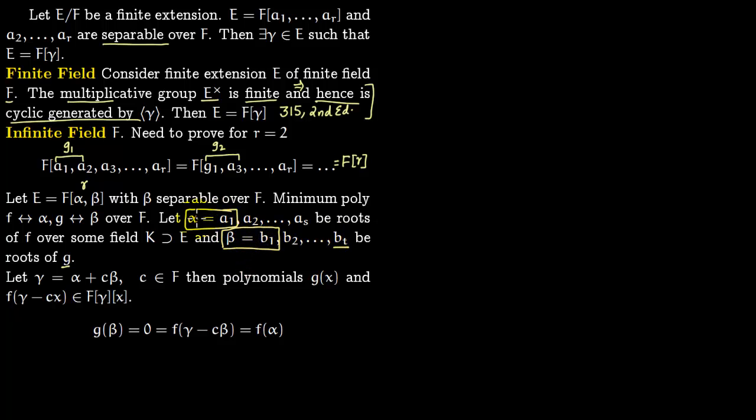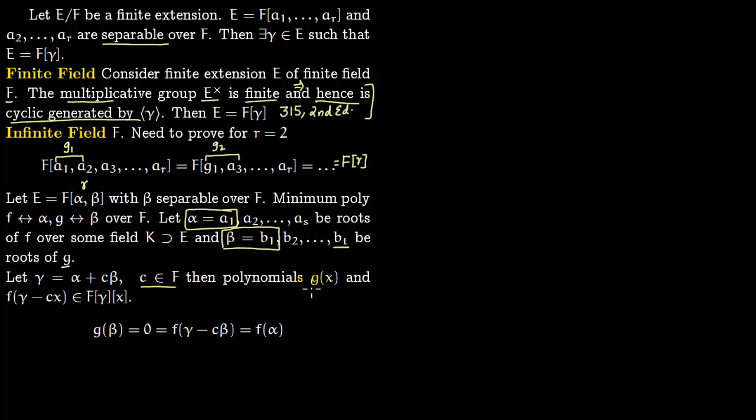Now let us focus on the first root, alpha and beta, and then we will take care of the rest of the roots. You set this element gamma equal to alpha plus c beta, and in the end we want this gamma instead of alpha comma beta. And this c is an element of the underlying field F.